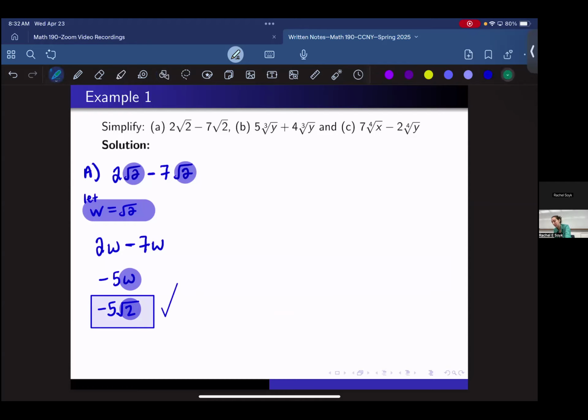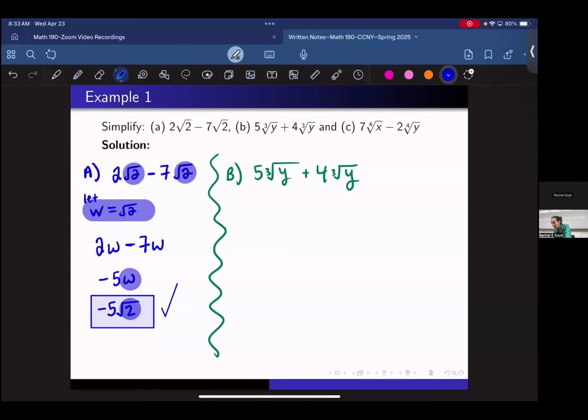Try another example together. We have 5 cube root of y plus 4 cube root of y. Again, this cube root of y, we're going to have that just be a variable. Our most famous variable is x. So why don't we just let the cube root of y be equal to x?